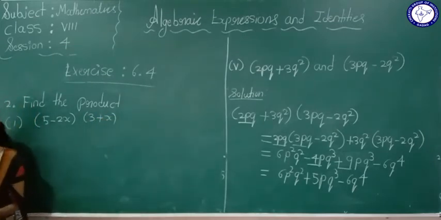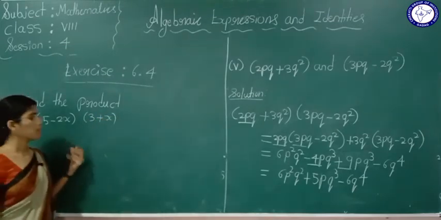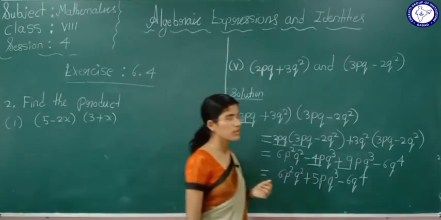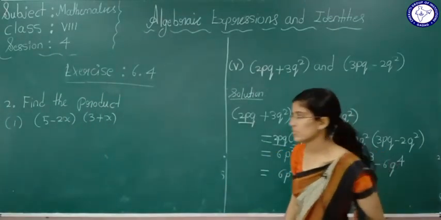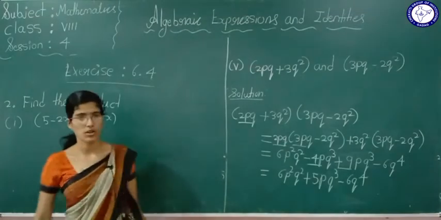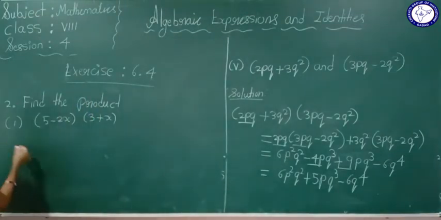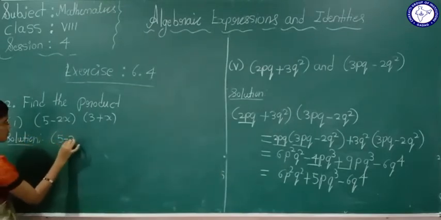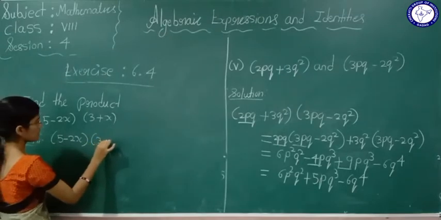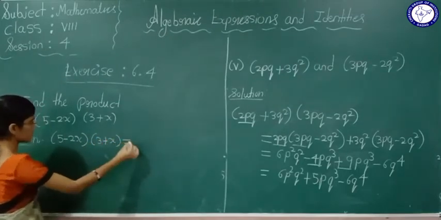Now see here students, this is a multiplication of a binomial by a binomial. Yes or no? Therefore find the product. Now see here, solutions. 5 minus 2x multiplied by 3 plus x is equal to.